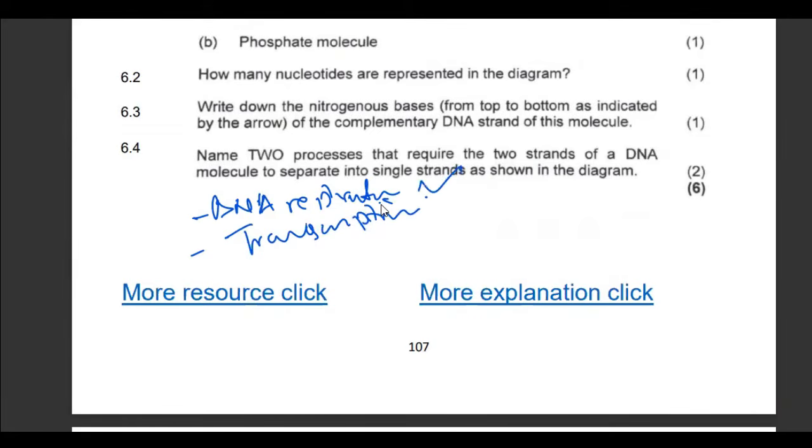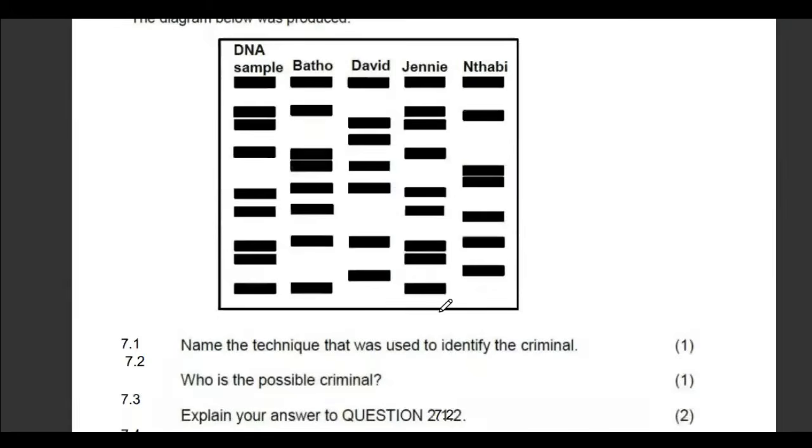Remember, in replication you form 2 strands, 2 separate strands, and each strand acts as a template. While in transcription you form only one strand, and only one strand will act as a template. So these are the 2 processes which make the DNA molecule open.